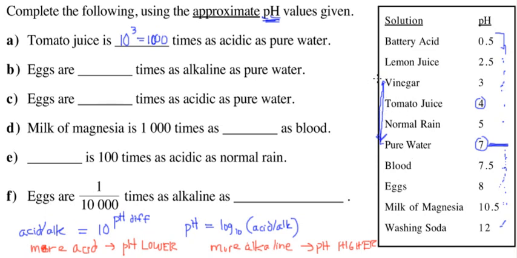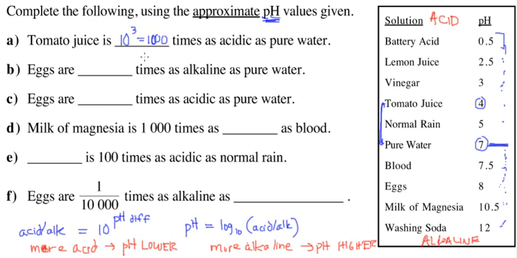Oops, sorry, I was pointing at vinegar. My bad. These two. You could either say that tomato juice is 1,000 times more acid than water, or you could go back the other way and say water is 1,000 times more alkaline than tomato juice. So I'll just put that in one more time to remind you. This is the acid end of the scale, and down here is the alkaline end of the scale.